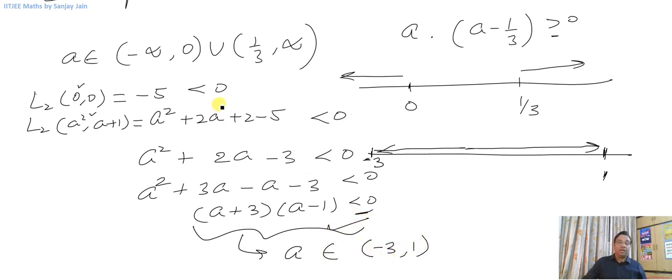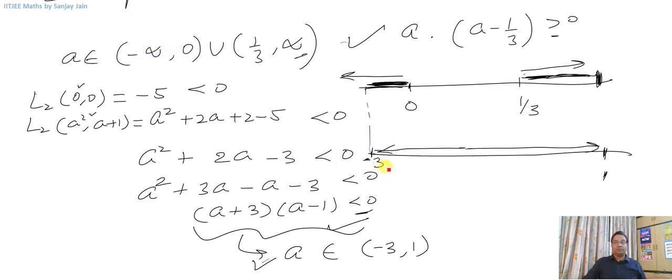Now I want these two conditions to be true simultaneously, this one as well as this one. So I'll have to take the common solution of both these conditions, that is, the intersection of the solutions. Which is minus 3 to 0, because this portion is common, and this portion will also be common, 1 by 3 up to this one.